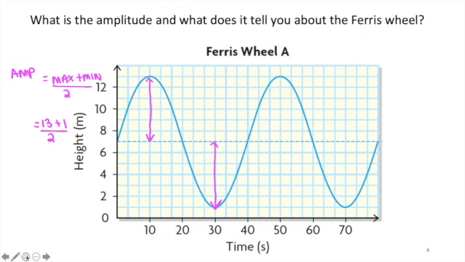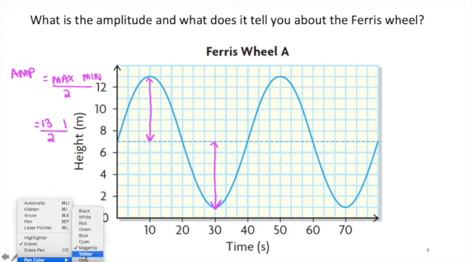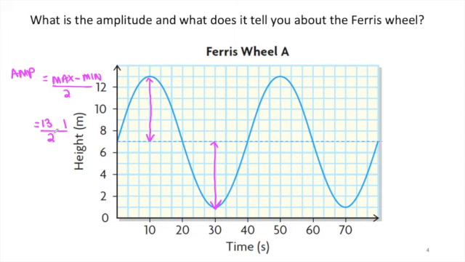Sorry, I used the axis of the curve formula there at first. So 12 divided by 2, which is 6. So you're going from 1 to 7, which is 6, or from 7 to 13, which is 6. Okay, so 6 meters is your amplitude.